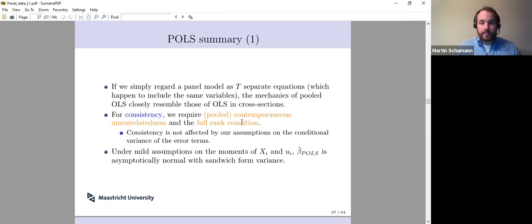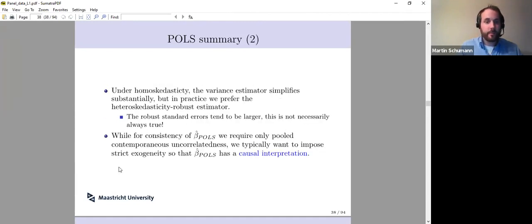And under mild conditions on the moments of x, we also can show that the OLS estimator is asymptotically normal. If you have homoscedasticity on top, you have a very simple form of the asymptotic variance, but homoscedasticity is often unrealistic, so it's often better in applications to use the heteroscedasticity robust estimator of Eicker-Huber-White.